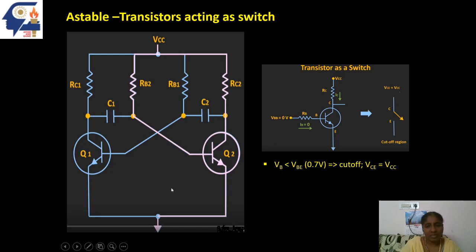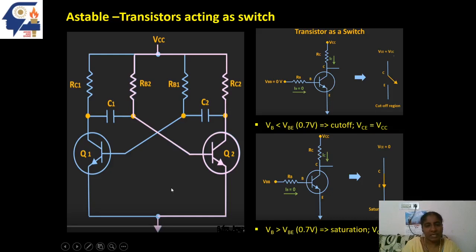And whenever the transistor base terminal is greater than 0.7 volts, then that particular transistor will come to the saturation level. In saturation, it will act as an on switch and it will be short circuited, and its VCE voltage will be at 0 volts.